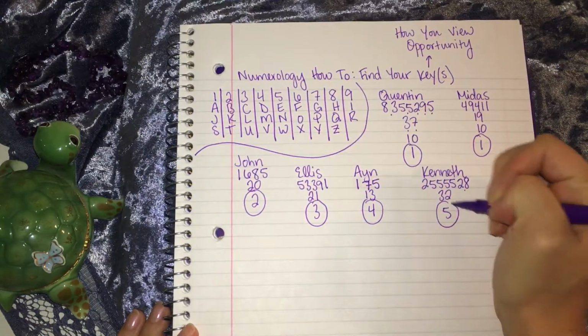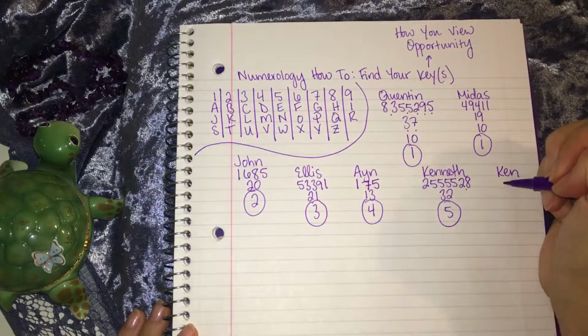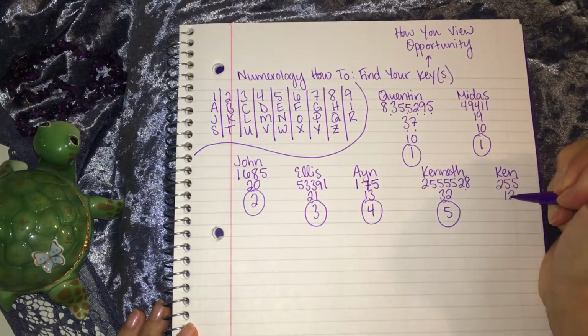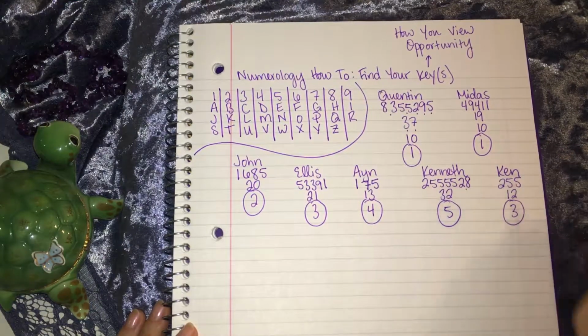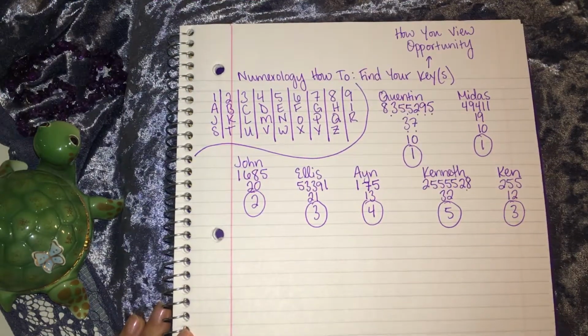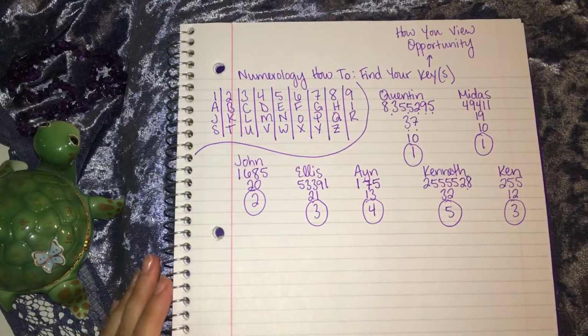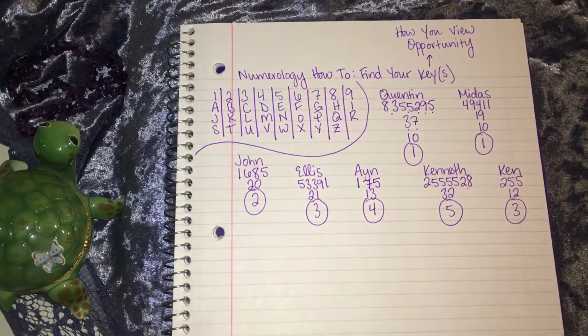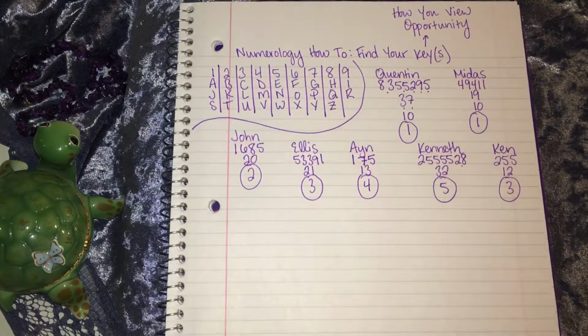So Kenneth comes out to be 5, but if you go by Ken, that is only 2 5s, which is 12, which is 3. So 3 would be more likely to fit you. So we'll get into the meanings after we just get some more practice and examples here.